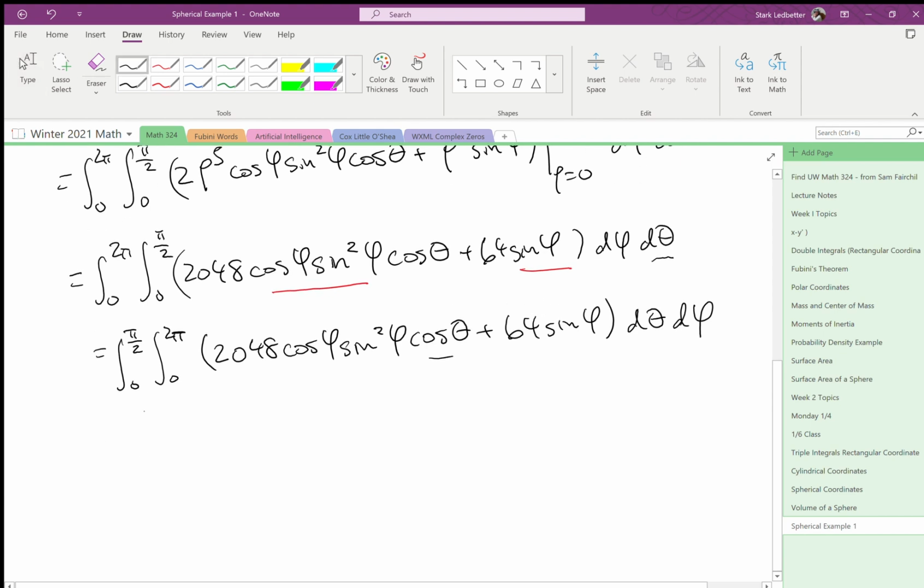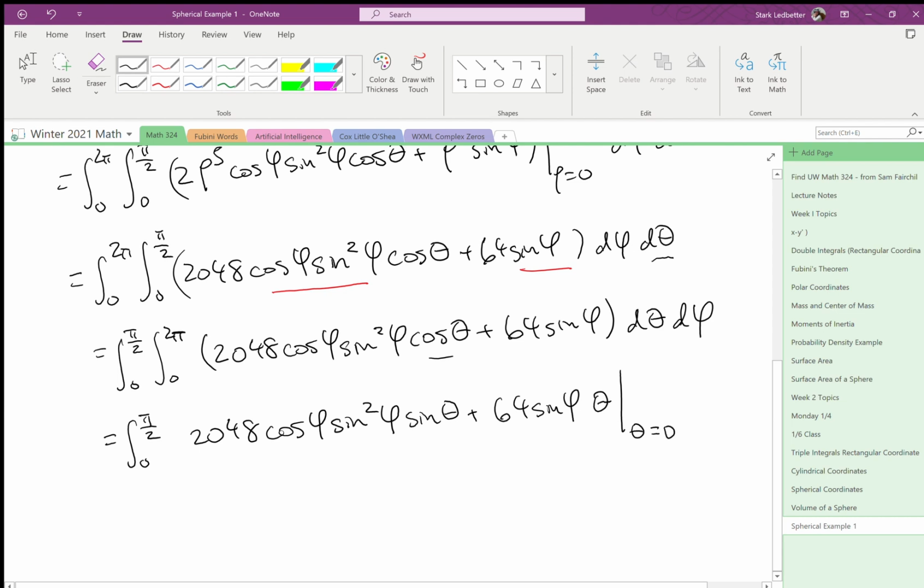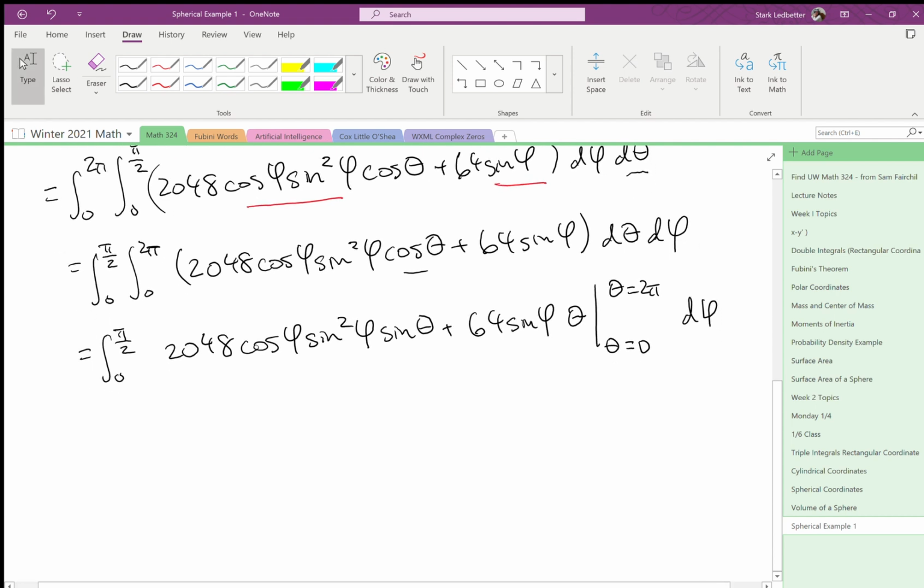You don't always get something for free by doing the easy thing first, but sometimes you do. 2048 cosine phi sine squared phi, integral of cosine theta is sine theta, plus 64 sine phi, integral of, that's a constant, so we get a theta, and then theta goes from 0 to 2 pi, and I'll integrate with respect to phi later.